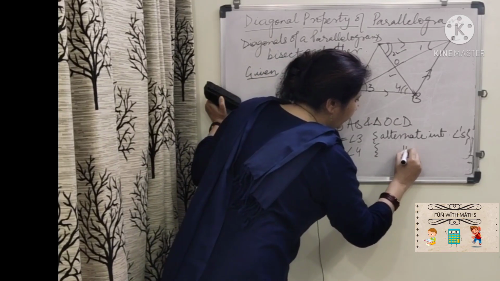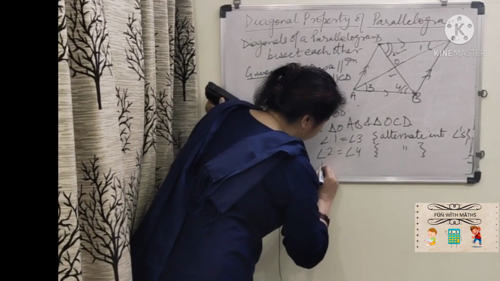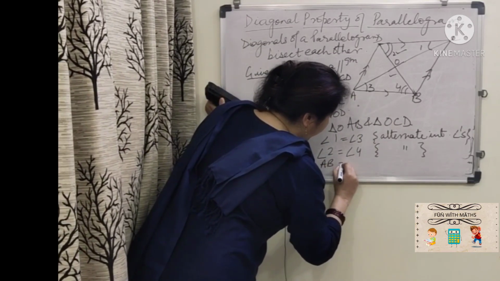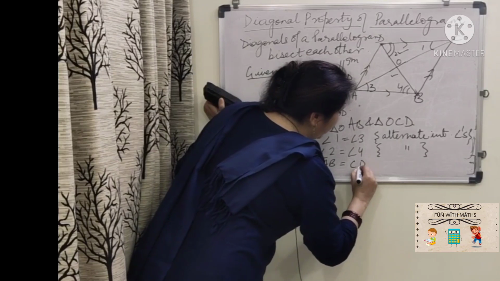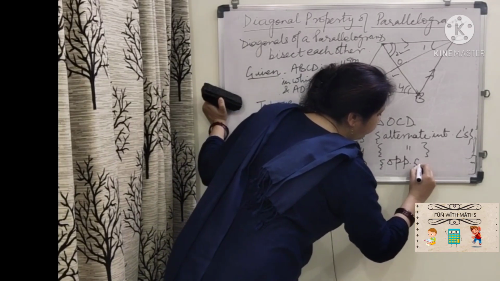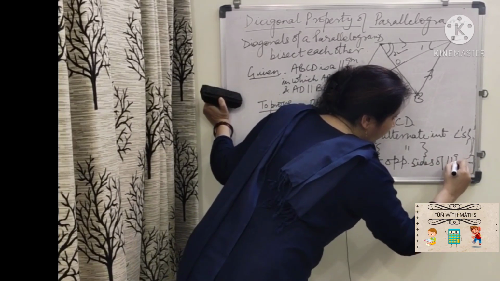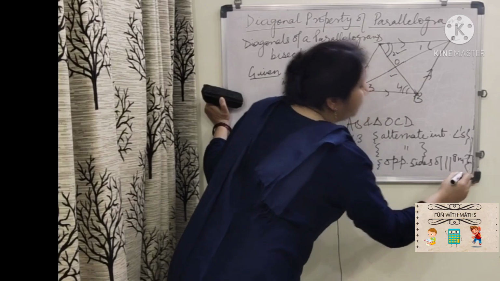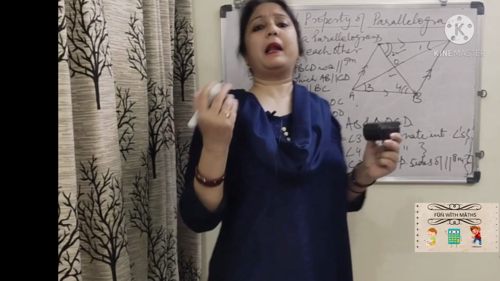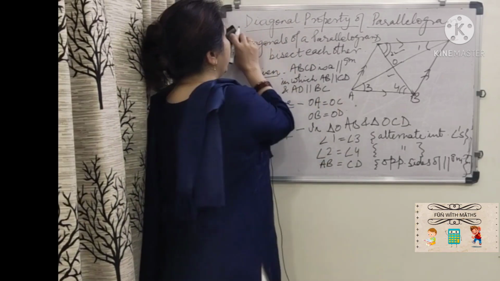Again the same reason, alternate interior angles. And AB is equals to CD, opposite sides of parallelogram. You have proved that opposite sides of a parallelogram are equal. So we have used that thing over here.